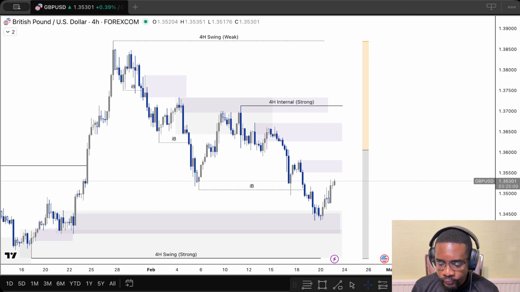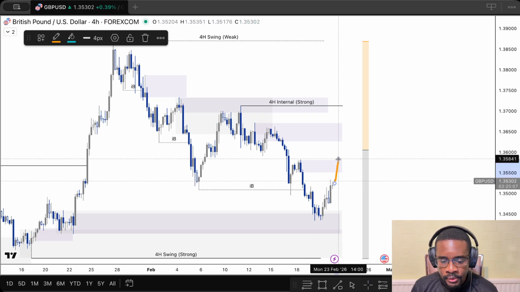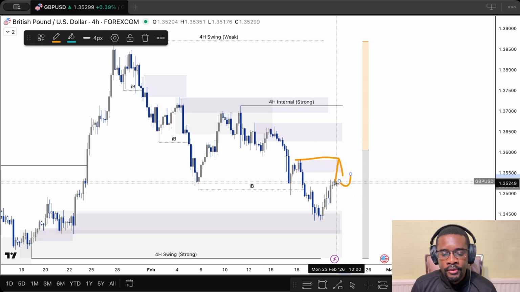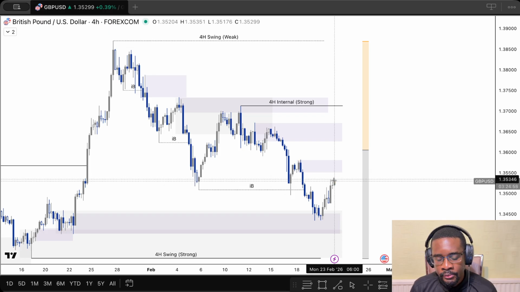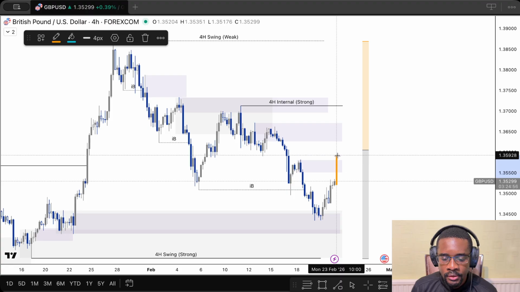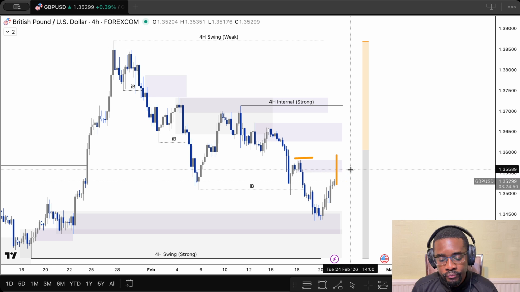So price could come in, sweep these areas and then continue short, if this fails, or just mitigate. There are a number of scenarios. Price could come in, sweep this area, and then have a bearish reaction. Or price could just tap into this supply and react bearish.